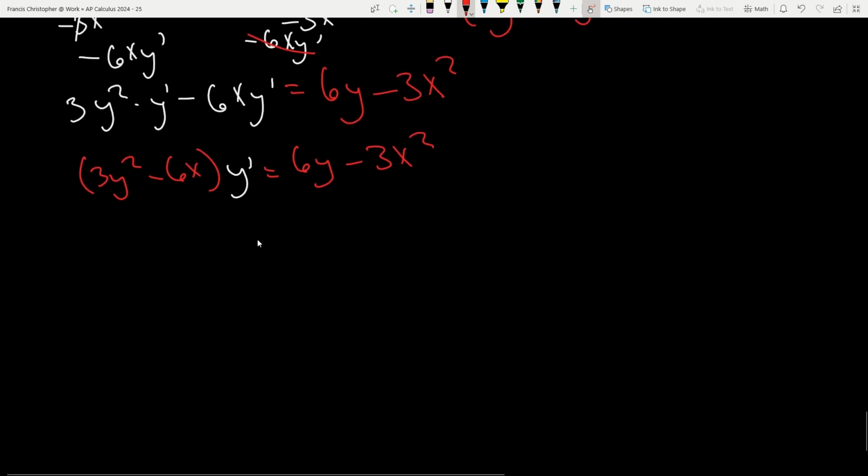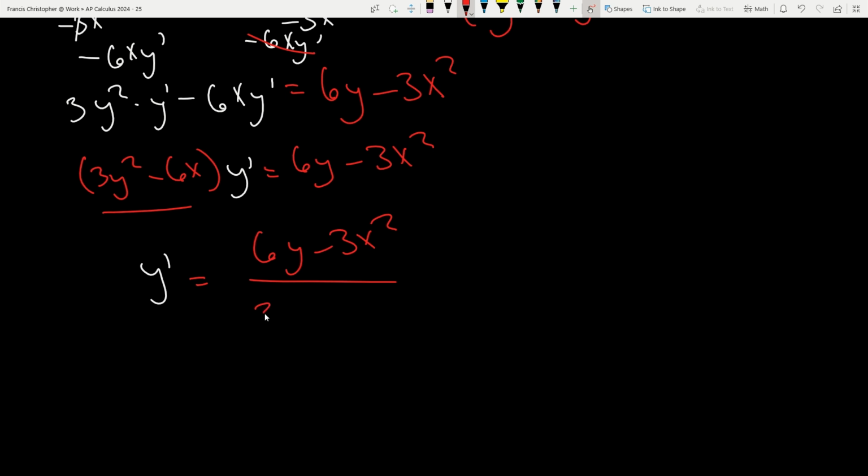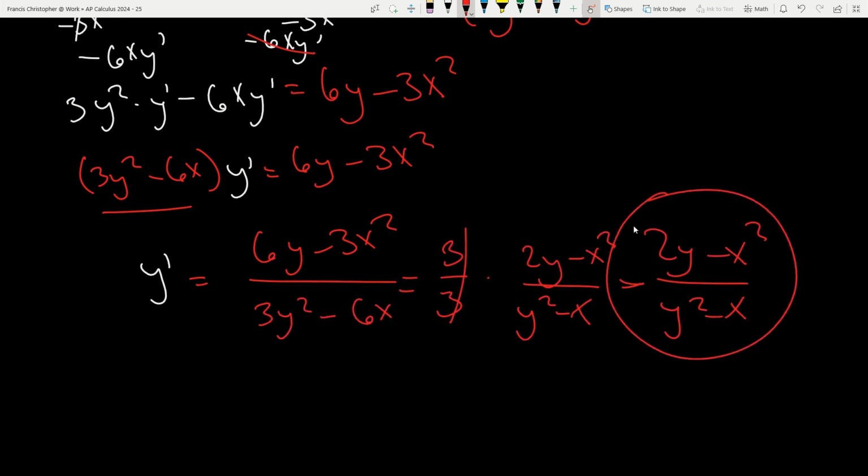And then finally, we're just going to solve for y prime, which is easy enough. We just divide everything by this thing. So 6y minus 3x squared divided by 3y squared minus 6x, which will equal this thing by factoring out the 3. So this one looks to be another difficult one, and I'll go over this as well.